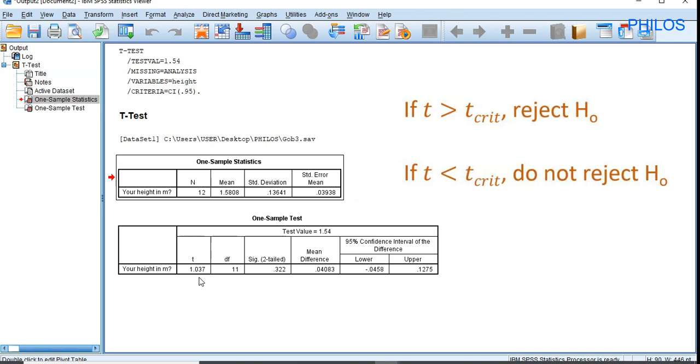Okay, absolute means that if the thing is even a negative answer, make it positive. Now if the absolute value of the test statistic is less than the critical value of t, you do not reject the null hypothesis.